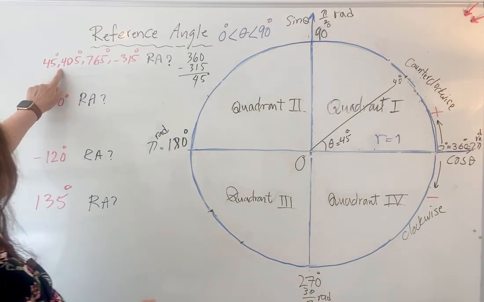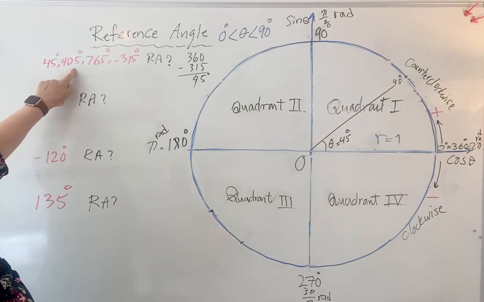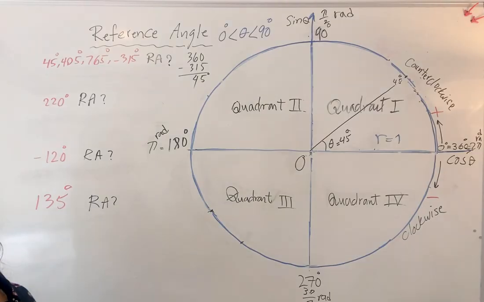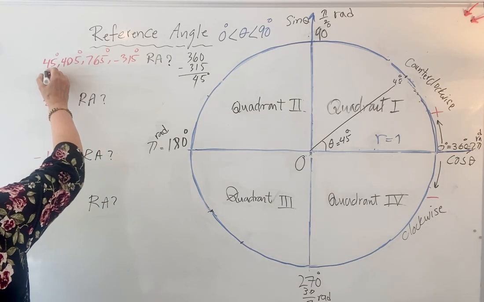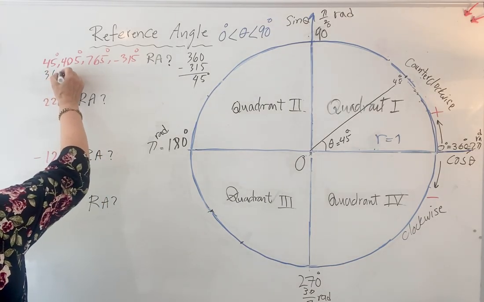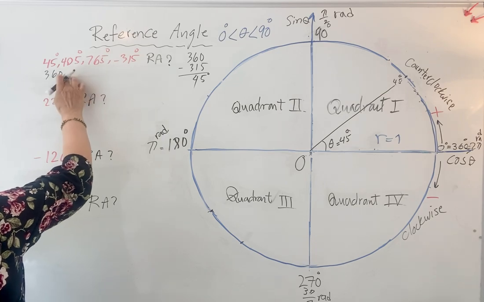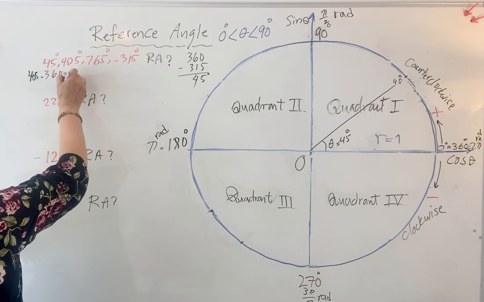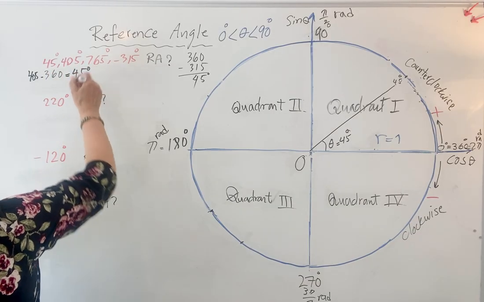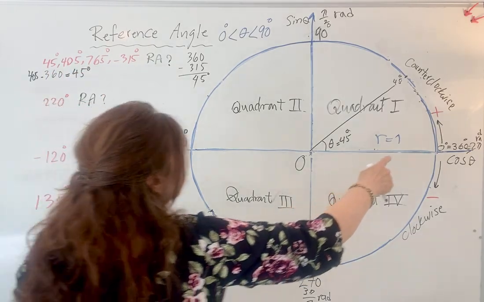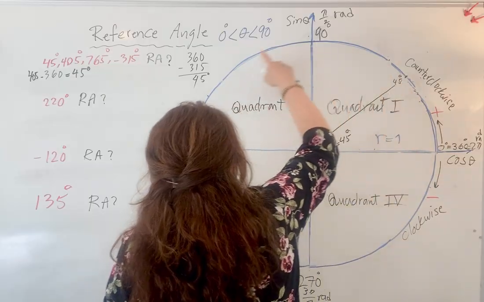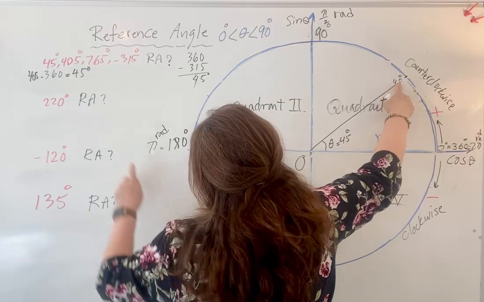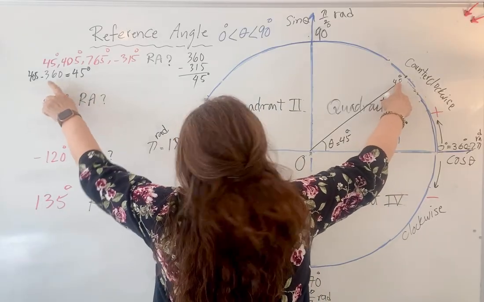Okay, how about 405 degrees? Is it more than 360? How much? 405 minus 360 gets 45 degrees. It means that if you go from 0 to 360 plus 45, you get 405.